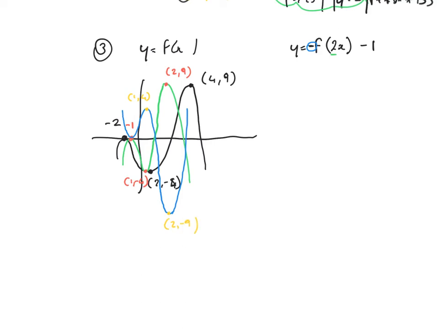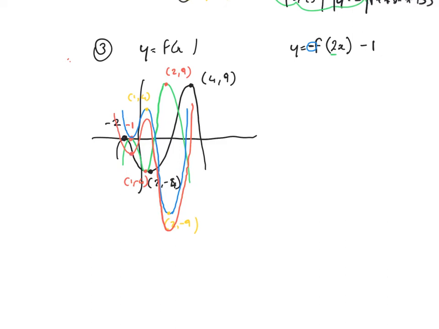And my final move then is to move the thing down by 1 unit. Okay, so minus 1, 0 now moves down to minus 1, 1, 4 down to 1, 3. And then 2, minus 9 down to 2, minus 10. And let's just fill in our points here, it's getting a wee bit cluttered.